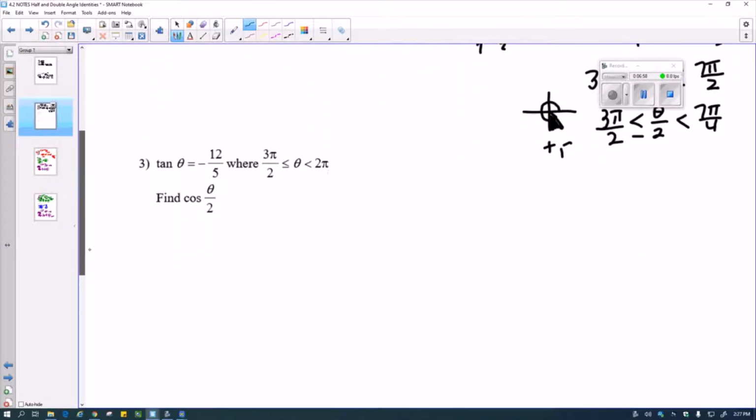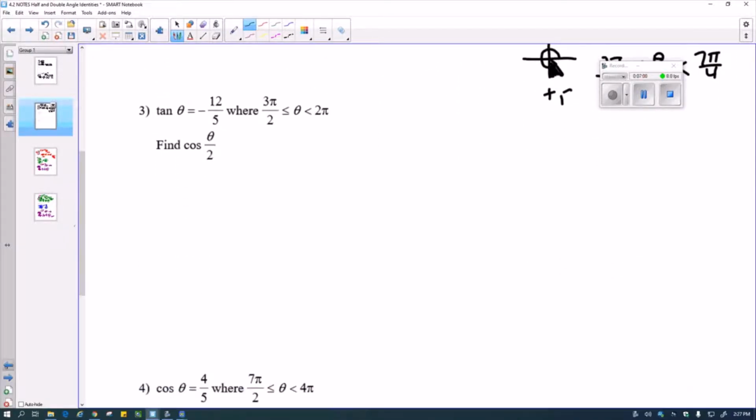So I've got another one of those where I'm doing the cosine half angle, and that one's plus or minus the square root of 1 plus the cosine of theta all over 2. Again, I'm given the tangent. This is in the fourth quadrant. In the fourth quadrant, that is positive cosines, negative sines.